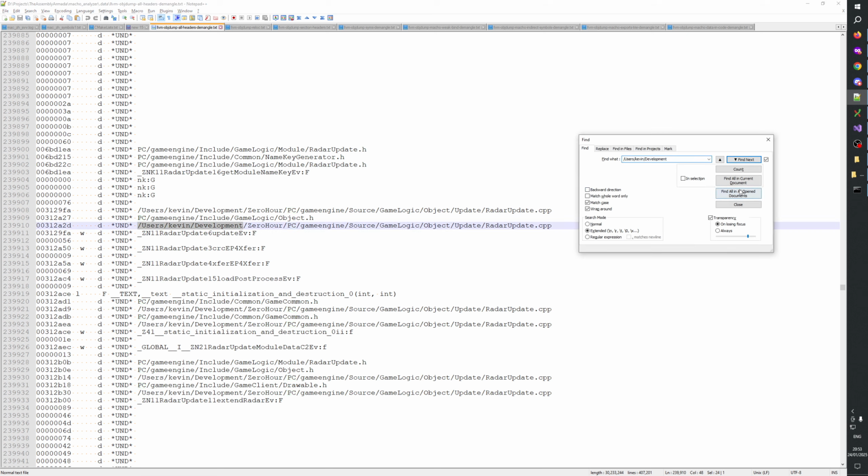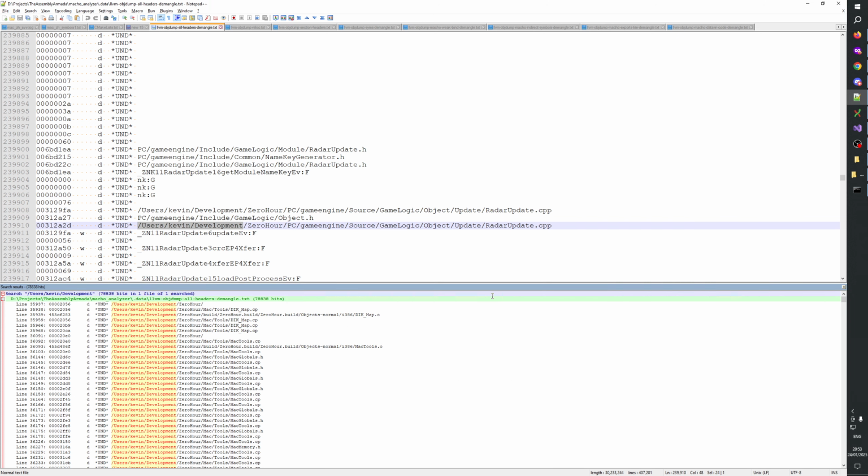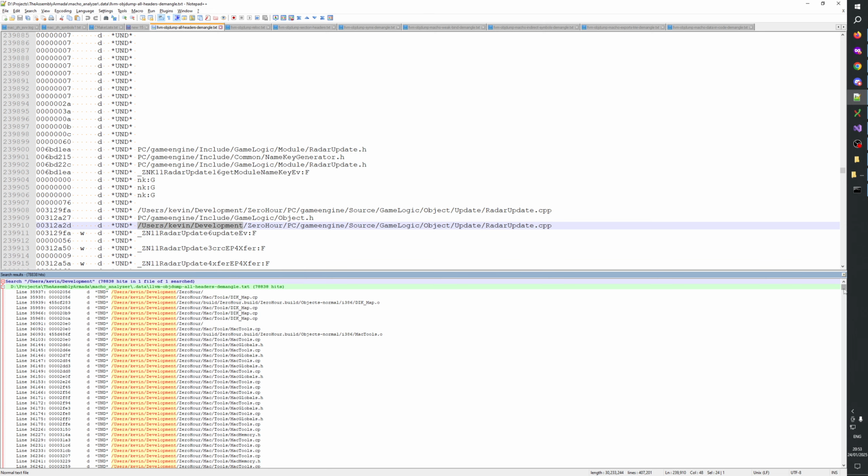That's a person who compiled this code. And then we check. I assume that the path starts at game engine. It could be PC as well. Why is it a PC? He's working on the macOS port. Oh, look at that.